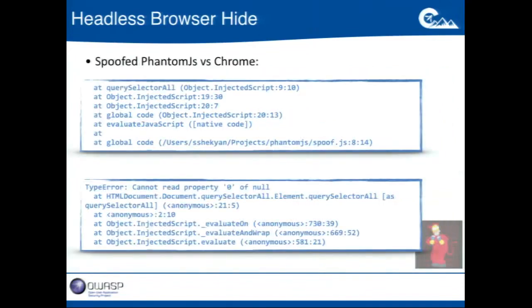So we added some other things inside PhantomJS, and we try to spoof Chrome. Inside Chrome, if you use DevTools, the injected script will show up in the stack trace if you're initiating a function from the developer tools. So we added that part, and it still looks really different from the original one.